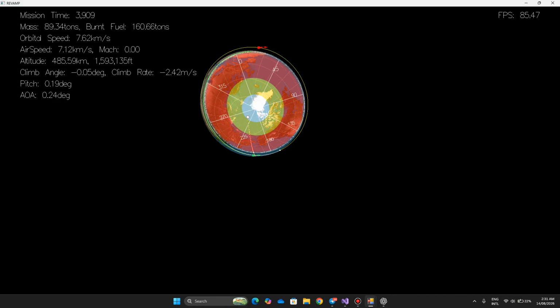Well, look, I've got 89.34 metric tons left in the aircraft with total mass, right? Now, the chassis is 80 tons, and so if you subtract that, we're left with 9.34 tons.